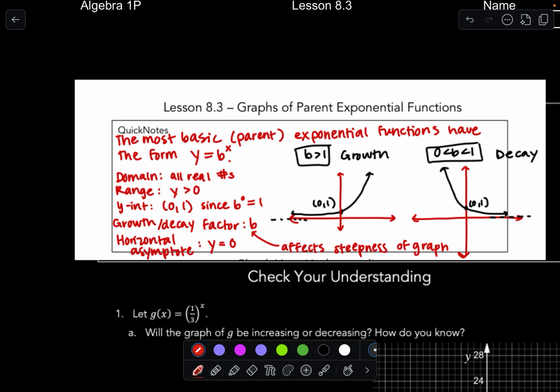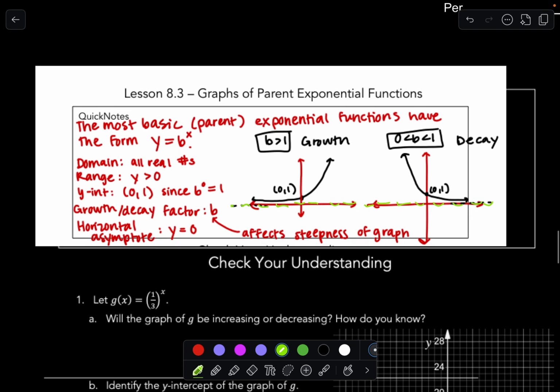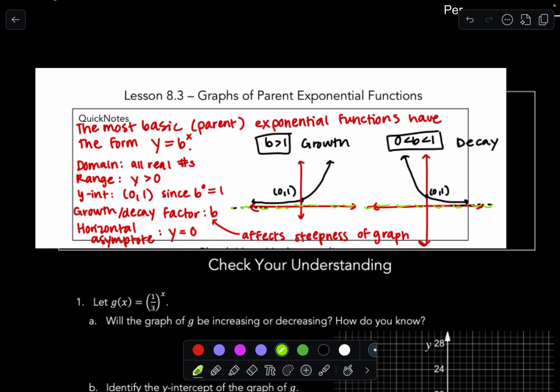All right, they both have horizontal asymptotes, an asymptotic line at y equals 0. And you usually put a dashed line at that location. This dashed line represents the horizontal asymptote. Okay? And there you go. Again, two different shapes.